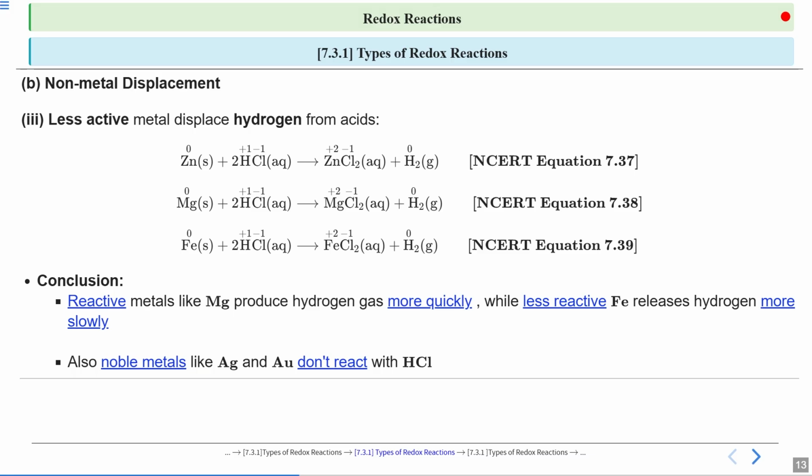Hence, we can state that the reactivity of metals is reflected in the rate of hydrogen gas evolution, which is slowest for the less active metal like Fe and fastest for the most reactive metal like magnesium. Very less active metals which may occur in the native state, such as silver, that is Ag, and gold, that is Au, do not react even with HCl, that is hydrochloric acid.